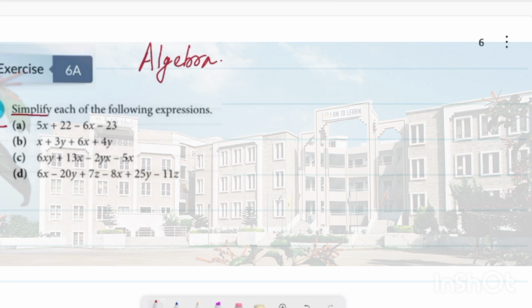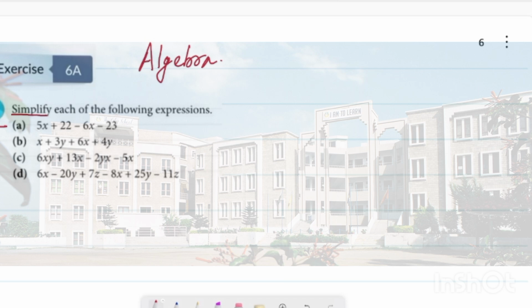Because they do not have an equal sign with other terms after it. If there is an equal sign and there are terms after that, this makes an equation. So right now this is an expression, and we have to simplify it.